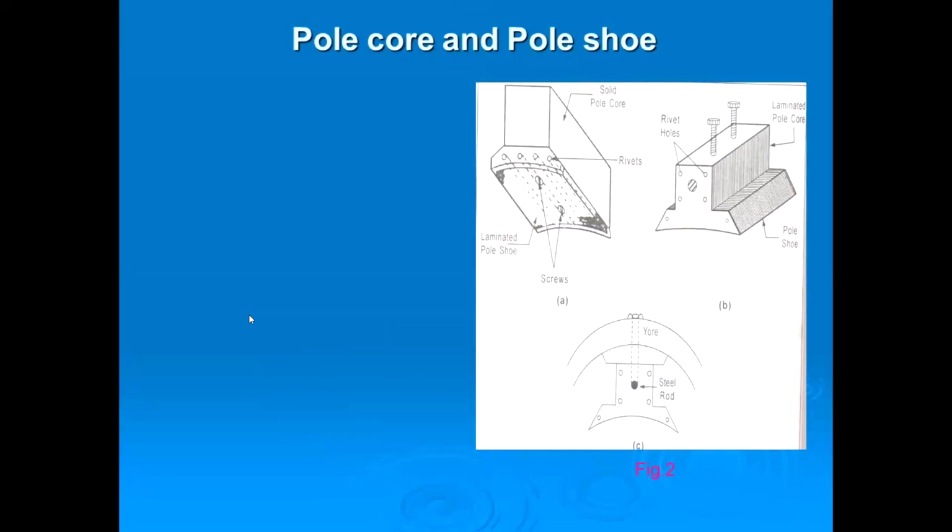Here also we are not using a single sheet; all are sandwiched together to form a pole. In this way you take those laminations and fit them all with rivet bolts.